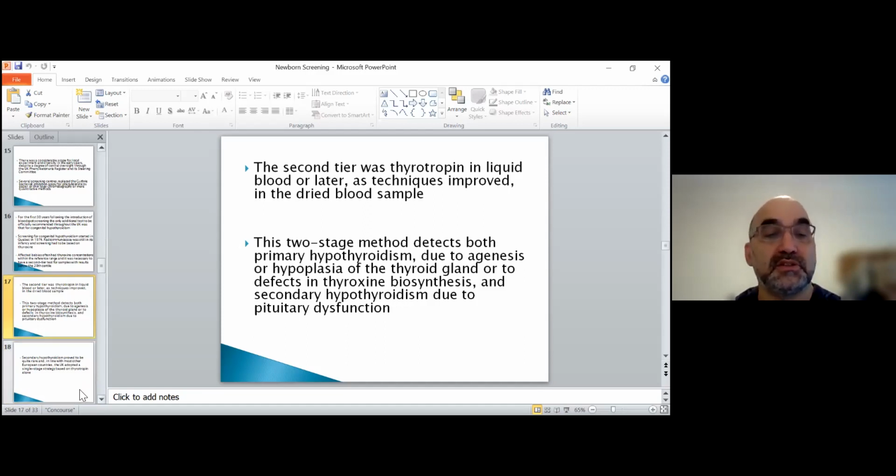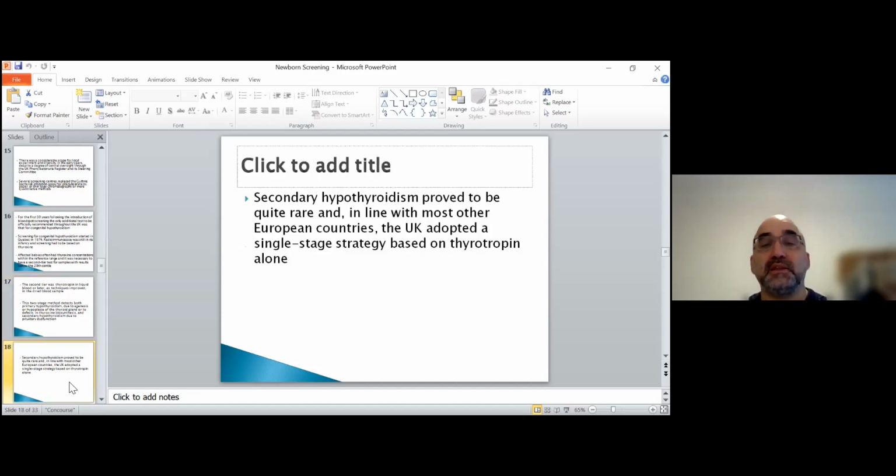But when the service developed and data came back, it became clear that secondary hypothyroidism, the pituitary problems, are very rare.